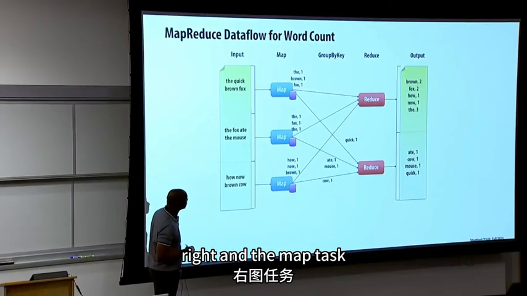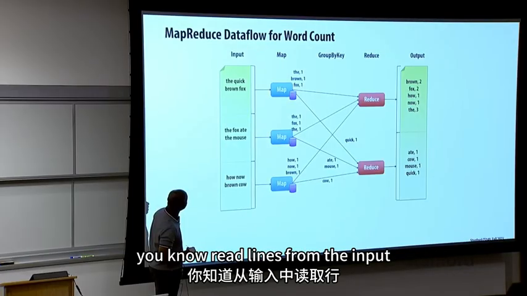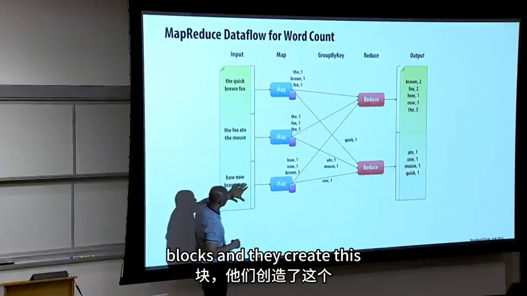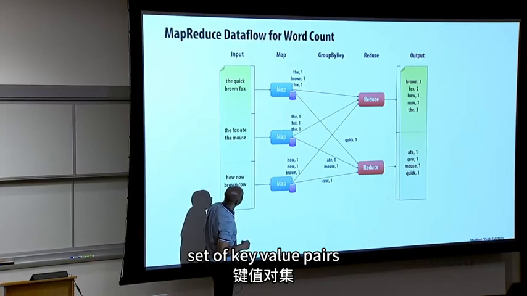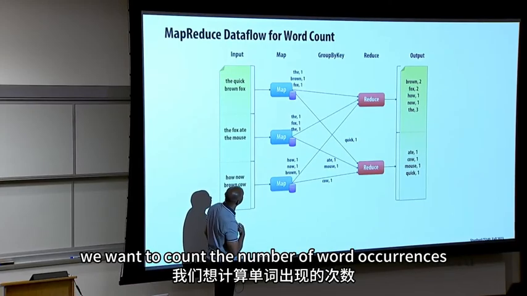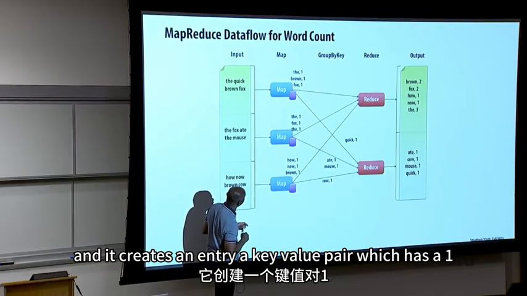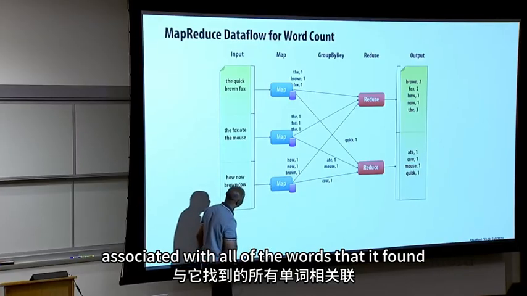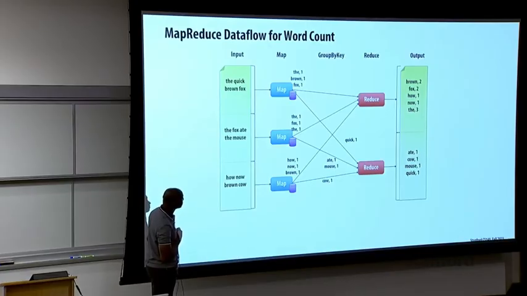The map tasks read lines from the input blocks, and they create a set of key value pairs. Here we want to count the number of word occurrences in the input file, so it creates a key value pair with a 1 associated with each of the words it found in the input files.